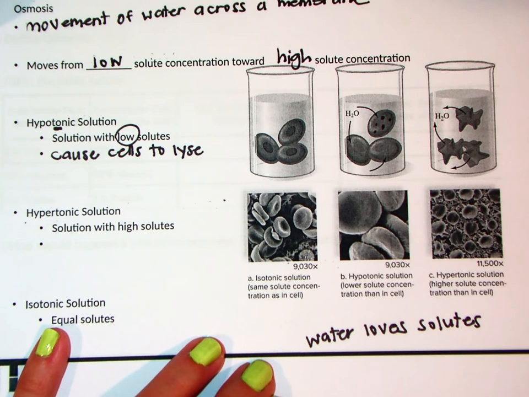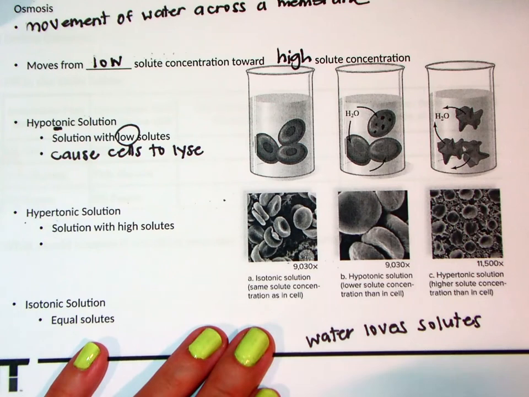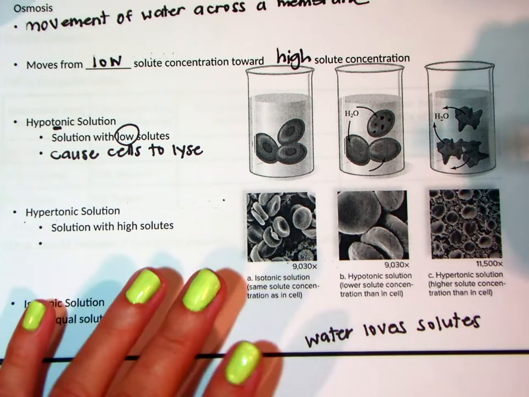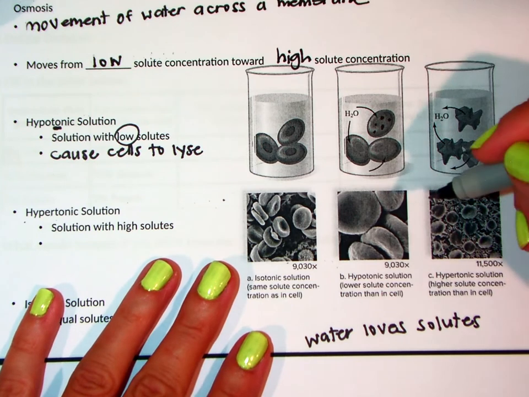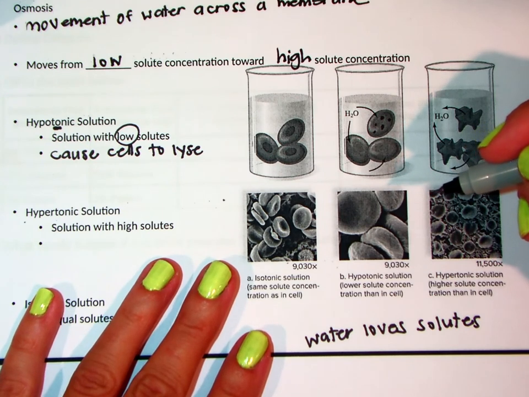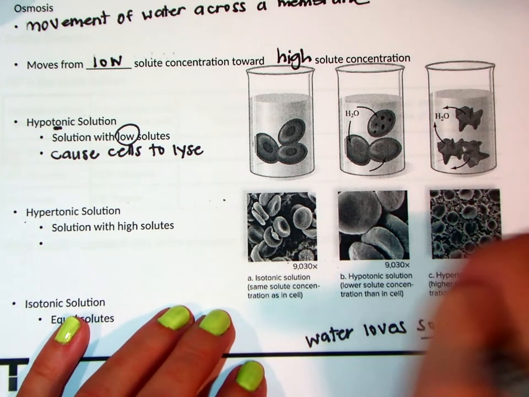So let's get into chemistry a little bit. And I don't think you necessarily have to know this, but just so you understand the vocabulary I'm using. In a solution, let's say salt water, for example, the solute would be salt, the solvent would be water, and the solution would be the two combined. So water loves solutes.